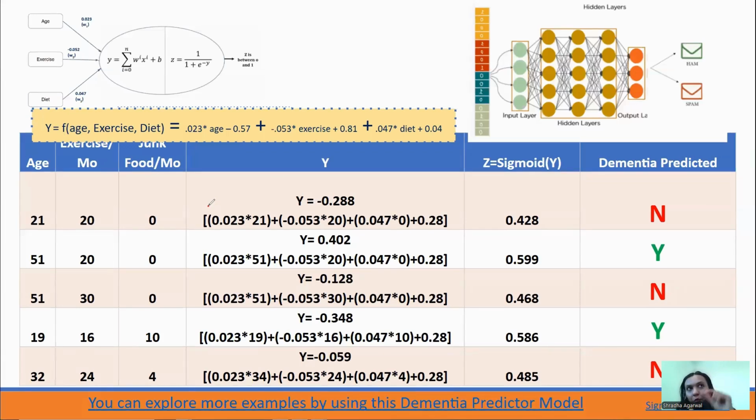Again, one small thing. Your 0.23, minus 0.53, 0.47 are the weights that are coming from your initial data when you are trying to find the relationship between your independent parameters and the final y.